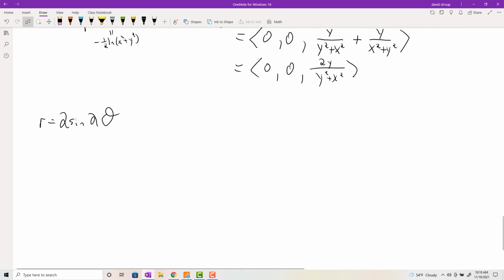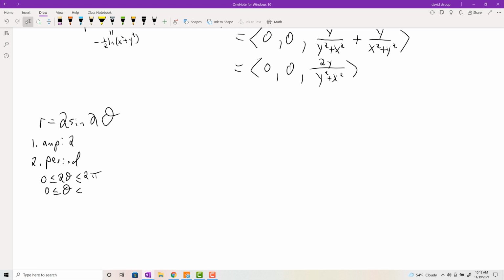So if you don't remember how to pull these off, I'm going to first graph it in the r theta plane, or rather theta r plane, even though the coordinates are always given as r theta. So first we have the amplitude is 2. Secondly, for the period, we have 2 theta in between 0 and 2 pi, so the period will go from 0 to pi.